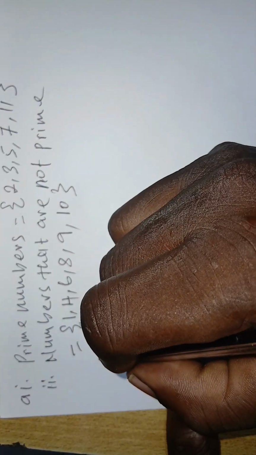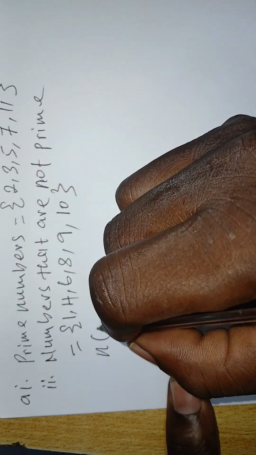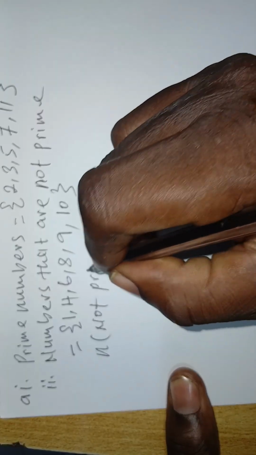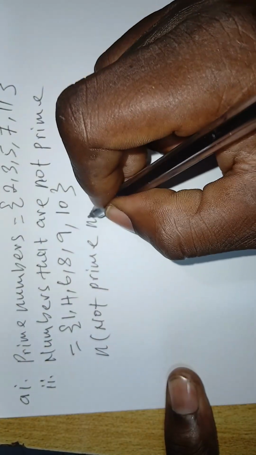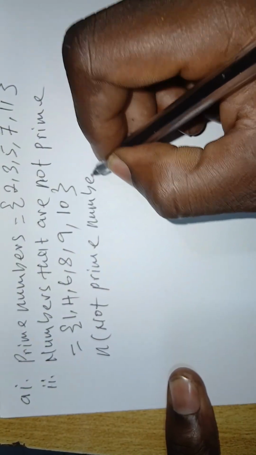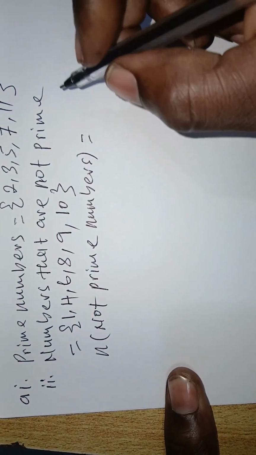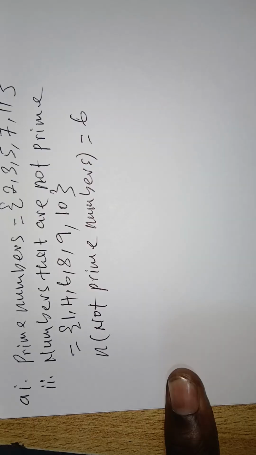So I will say number of not prime numbers. This will be equal to 6.